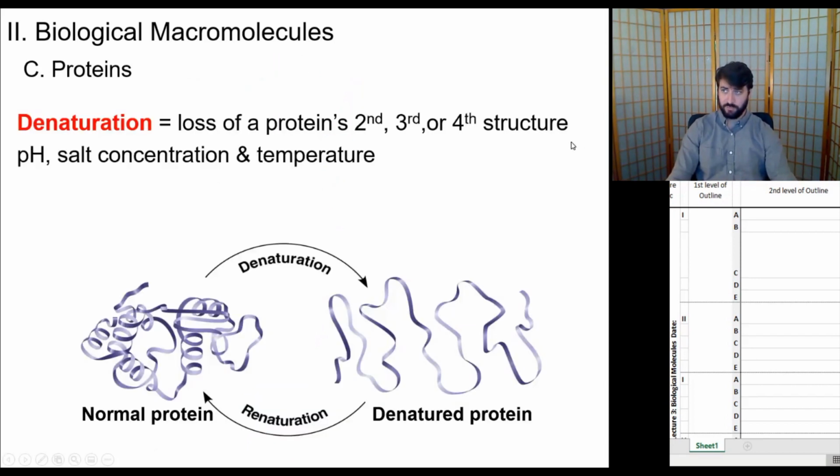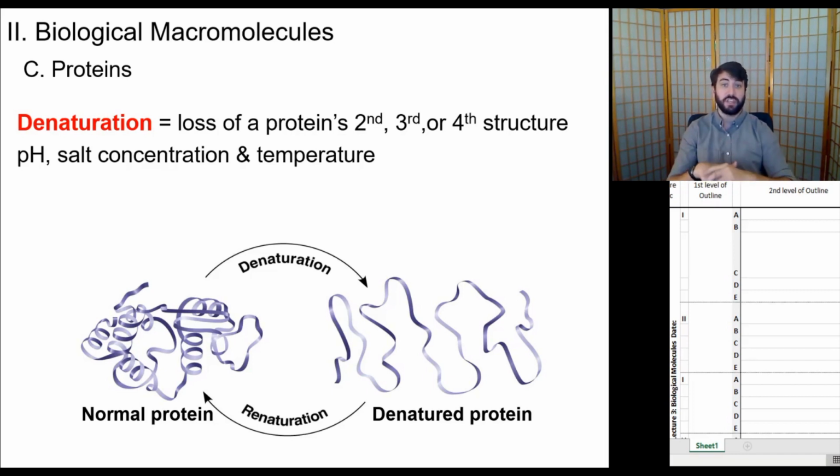Whew. So I spent all that time talking about how to get these very complicated, vast structures. But of course, you can also lose those structures. Now, denaturation is the loss of a protein's secondary, tertiary, or quaternary level structures. Now, this usually happens from several different factors.